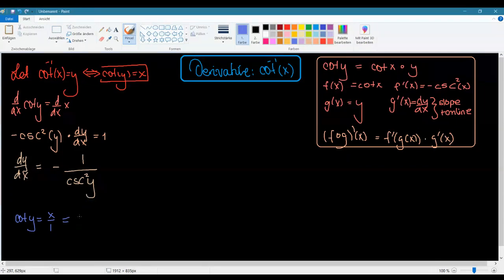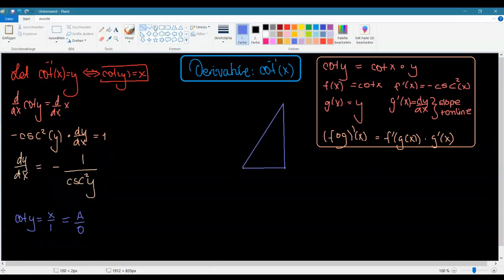But it also is adjacent over opposite. Because it's a reciprocal of tan, we can just think, what's tan? Tan is opposite over adjacent. So cotan is adjacent over opposite. We just flip it. Well, we can make a little triangle here and label the sides, because we have two sides of a right triangle and an angle y.